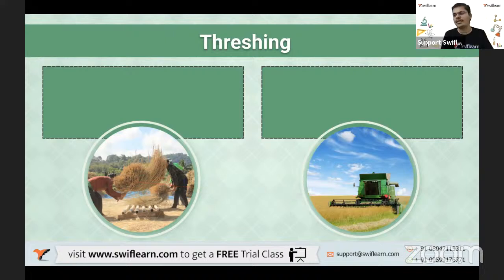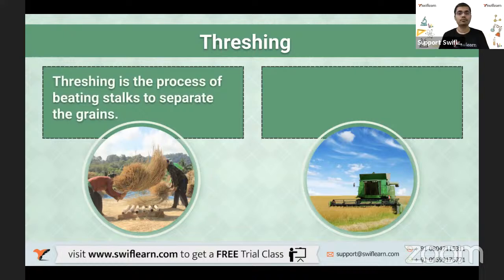As you can see, in these modern days we use machines. This is the earlier days of farming. This is now the modern days. They use machines to do this threshing, to separate out the dry grass from the grains, or we can say the paddies. That is called threshing. Very good. So threshing is the process of beating stalks to separate the grains, right?